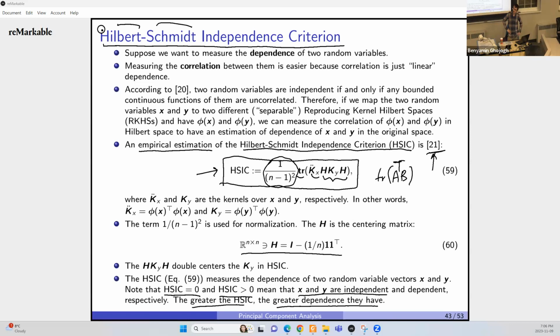Maximum mean discrepancy was proposed by them. Generative moment matching networks was proposed by them. All of these that I just said are using kernels. Also, distances in the Hilbert space, reproducing kernel Hilbert space, was proposed by Scholkopf. As you see, he has done a lot.